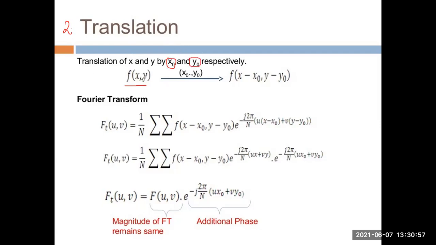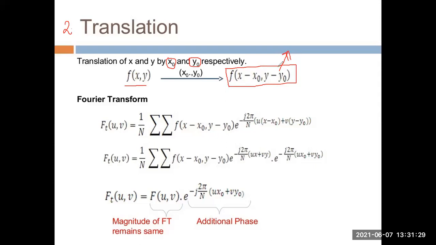The translated signal in two dimensions is given by f of x minus x0, y minus y0. This is your translated image in the time domain or spatial domain.